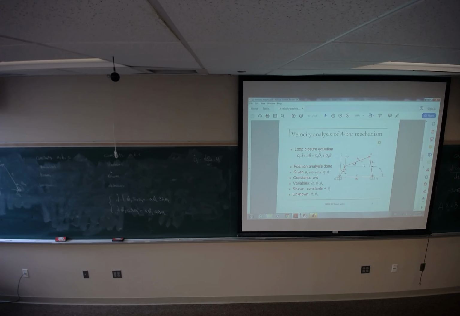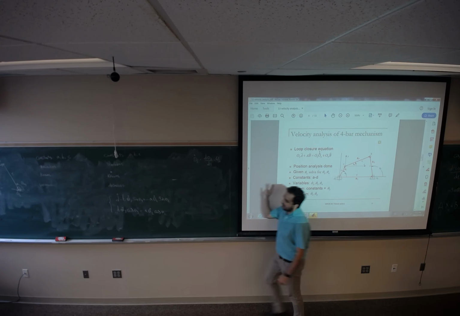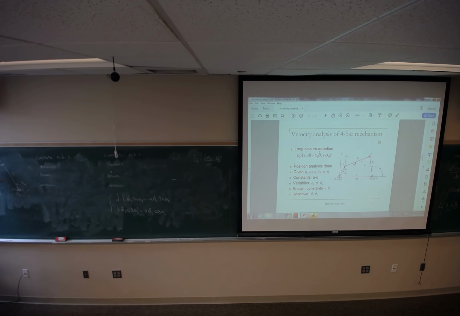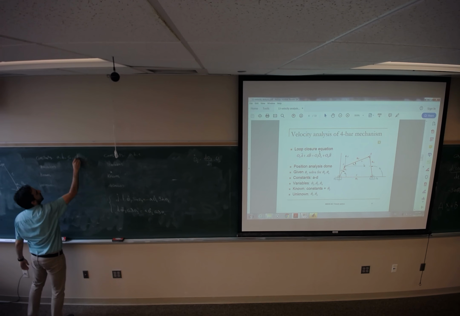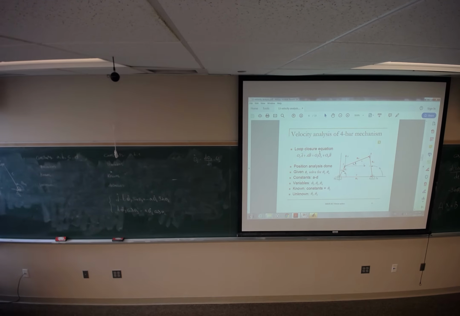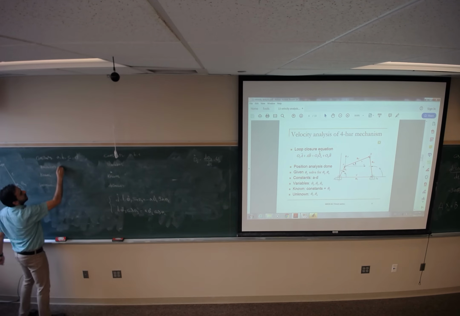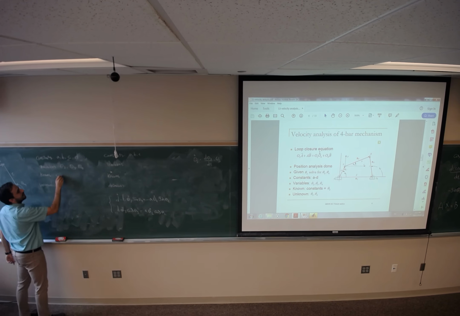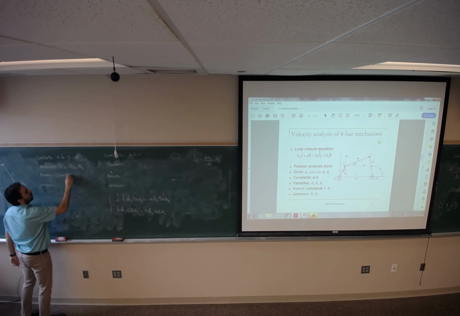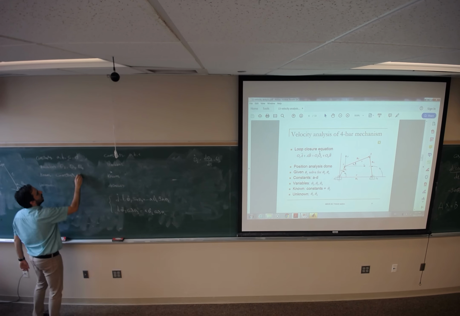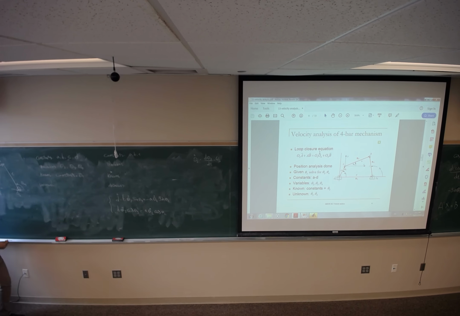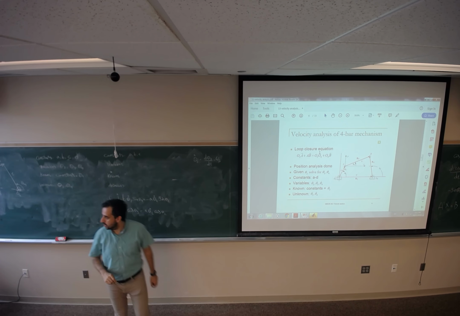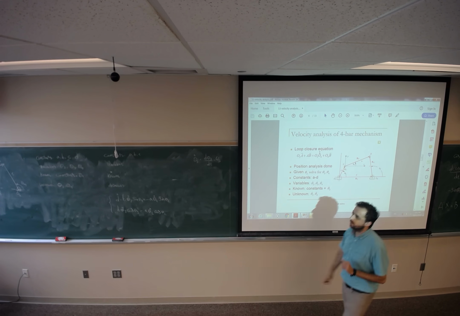So to do displacement analysis, we know that A, B, C, and D are constant. The variables are theta 2, theta 3, and theta 4. And the knowns would be the constants plus theta 2 because the degree of freedom is 1. We are solving for theta 3 and theta 4. This is what we have done for displacement analysis.